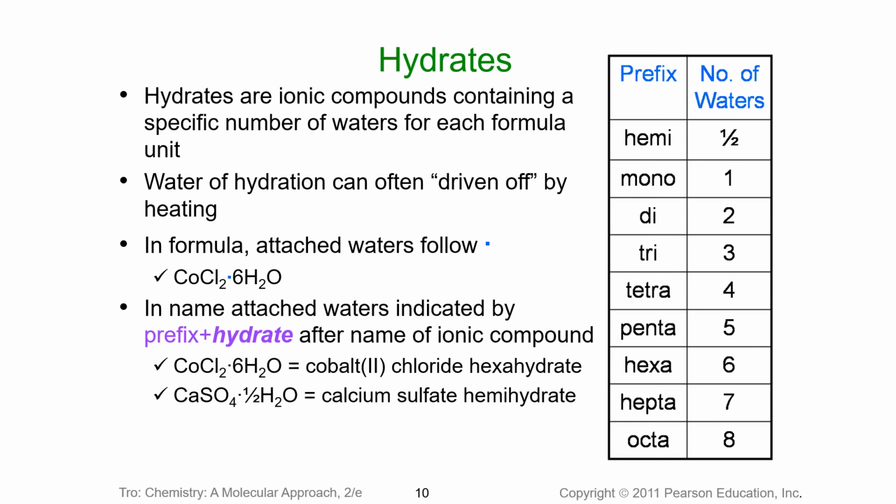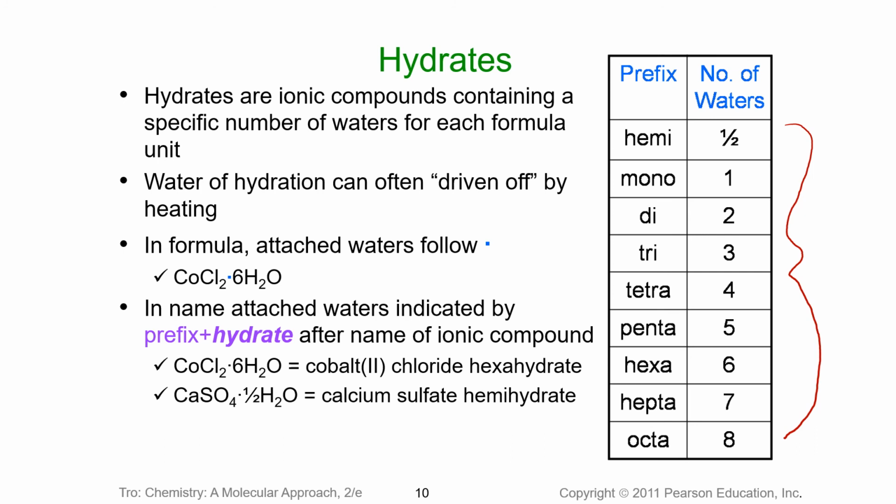The prefixes that you're going to use are located in the table. Hemi is half, mono is 1, di 2, tri 3. You can think of it like shapes that you learn in math. So triangle, it has 3 sides. A tetrahedral has 4 sides.